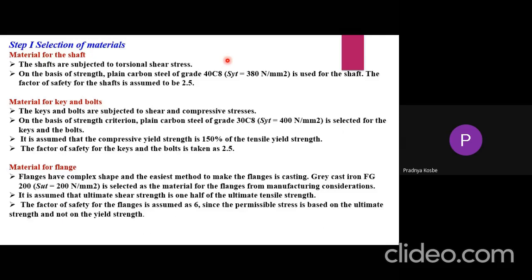On the basis of strength, plain carbon steel of grade 40C8 with SYT 380 Newton per mm square is used for the shaft, and the factor of safety is assumed to be 2.5.